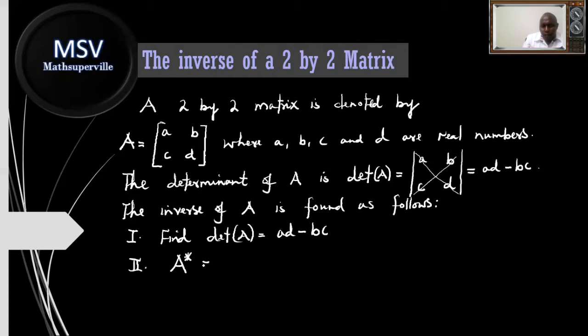And this matrix consists of writing the elements of matrix A, but reorienting them or switching their order in a particular manner. What do we do? We switch the position of A and D, and then negate or change the signs of the others.